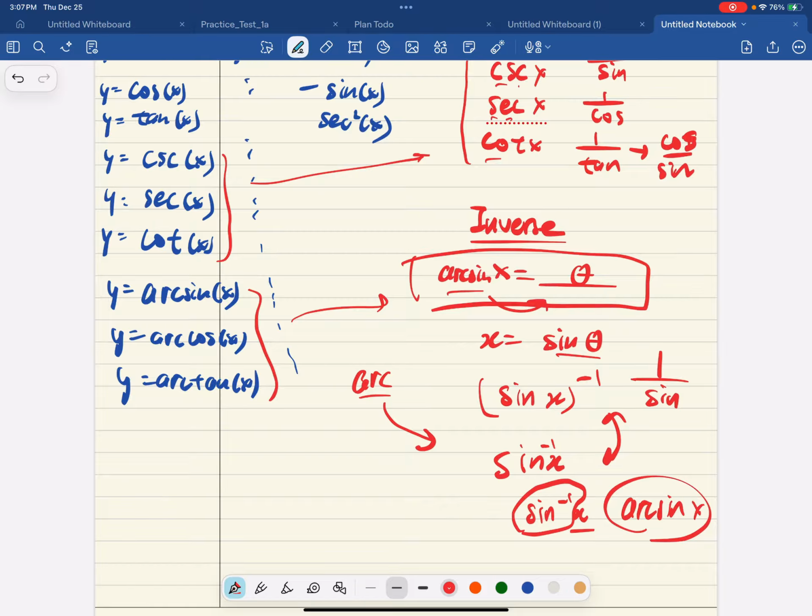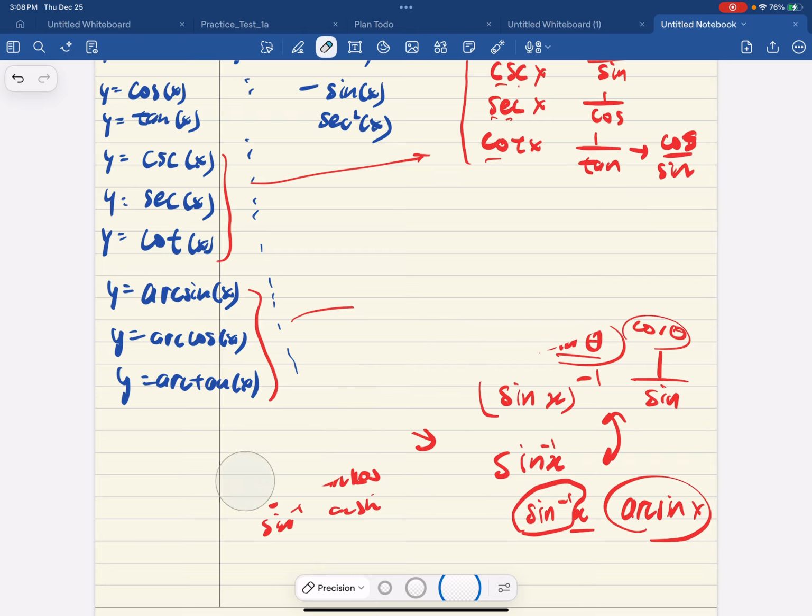That's basically what the calculator is doing. On your calculator, you should see tan minus 1, cos minus 1, or sine minus 1. They just mean arc tan, arc cos, and arc sine. And what they're doing is undoing the sine or undoing the cos to get the theta. That's the idea.